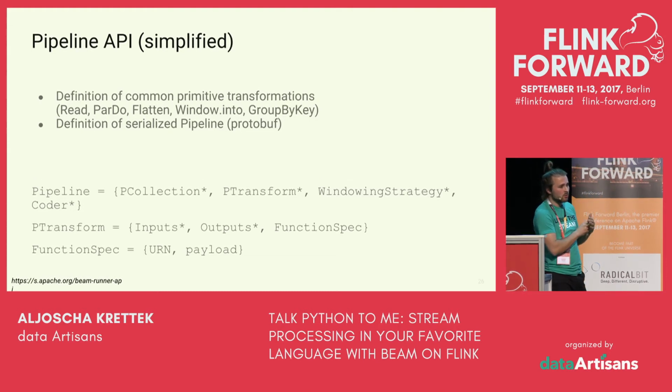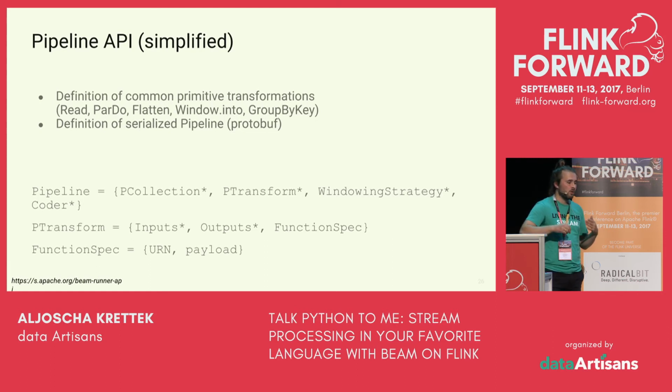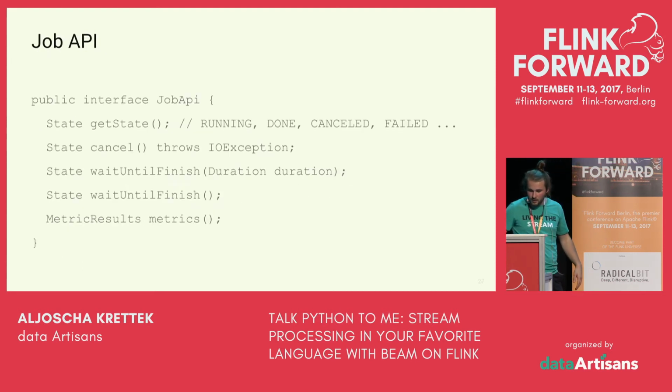For example, it could be a pardo, or it could be a do fun, or it could be a combine fun, or some source. And the payload is just bytes. And the payload can contain, for example, a serialized Java function, or contain a Python function, or whatever other programming language we might have.